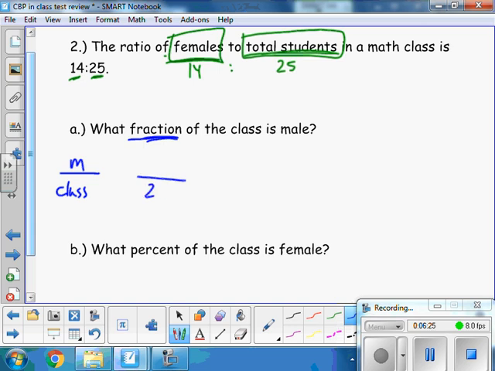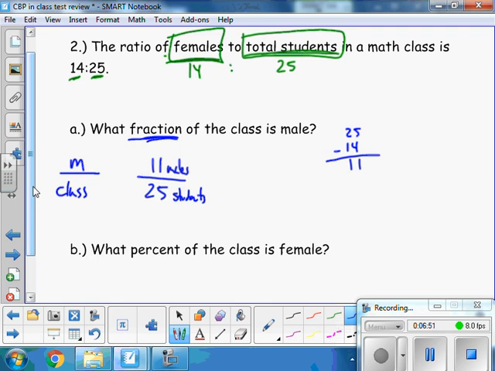So my class is 25, but I need to know the males, not the females. So if there are 25 total, minus the 14 females, I should get the males. 5 minus 4 is 1, so there should be 11. So that should be 11 males to 25 students. All right, there's my fraction.